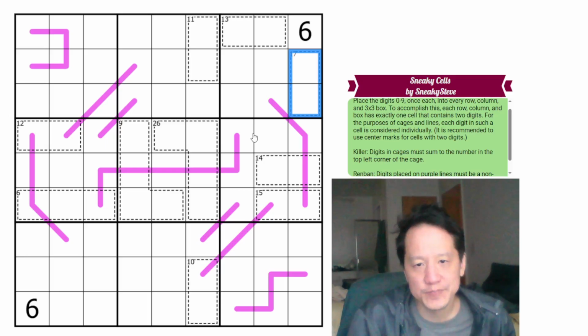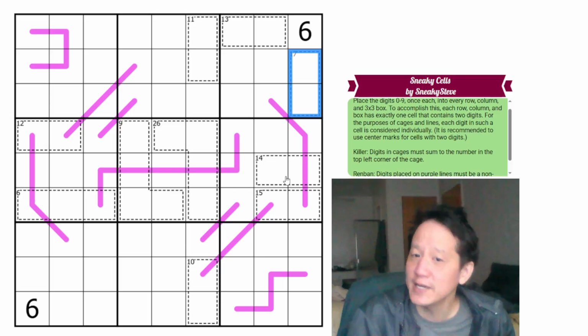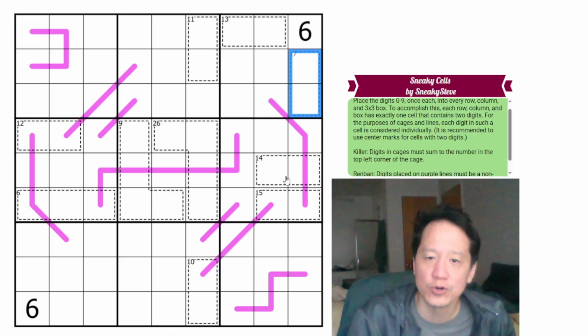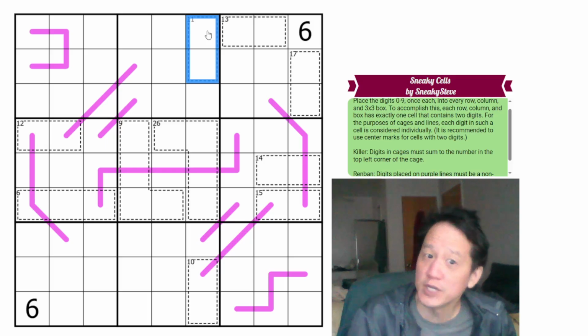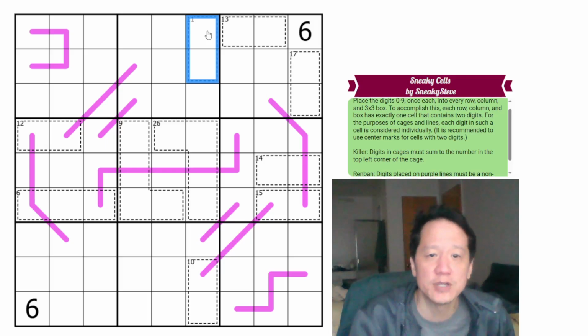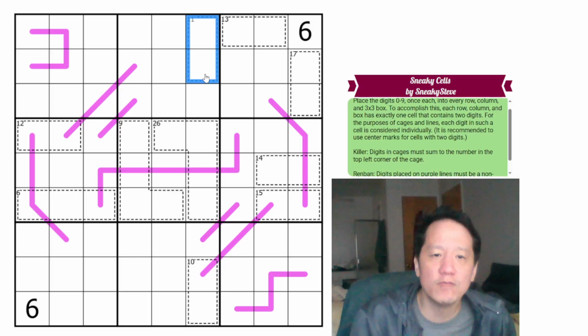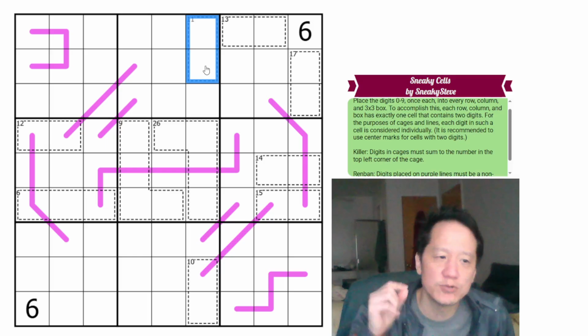So, killer. Digits in cages must sum to the number in the top left corner of the cage. So whatever digits are in these two cells, and again, we could have a Schrodinger cell somewhere, all the digits in these cells add up to 11.